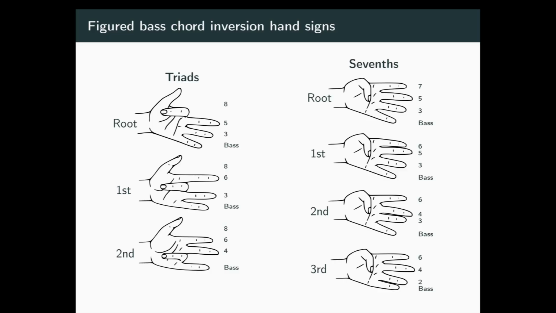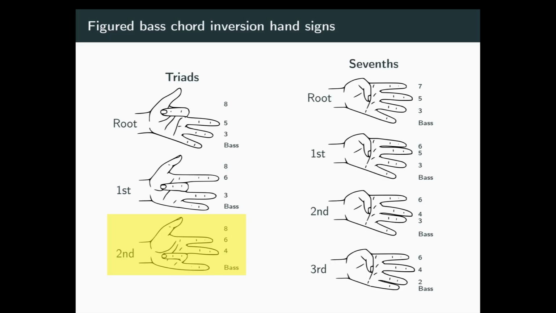For the triads, your extended thumb represents the understood number 8 on top of all of the figures, and you retract each finger in turn to show where the gap is in the every other number pattern of thirds, starting with the index finger for the gap between 5 and 8 in root position, then the middle finger for the gap between 3 and 6 in first inversion, and finally the gap between the bass note and 4 in second inversion.